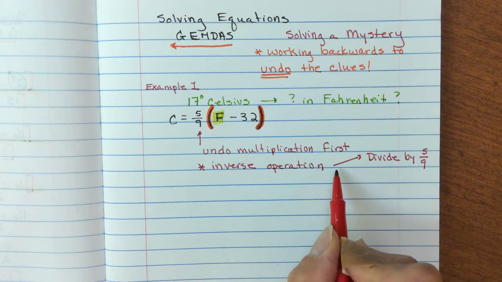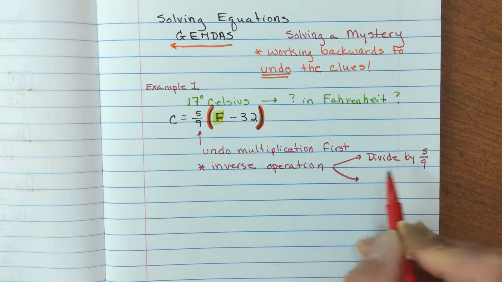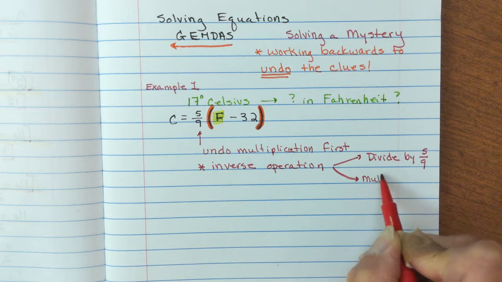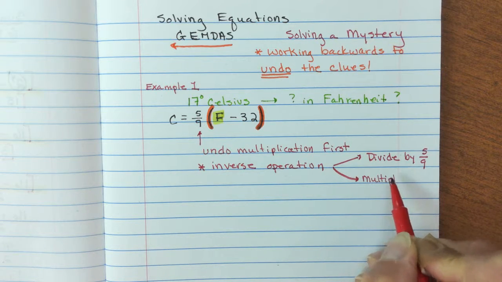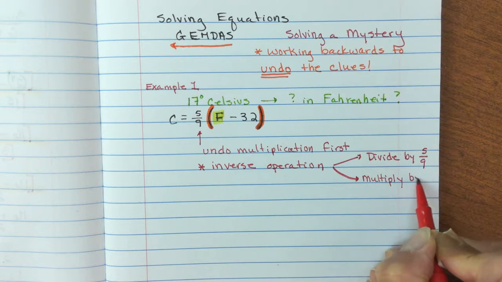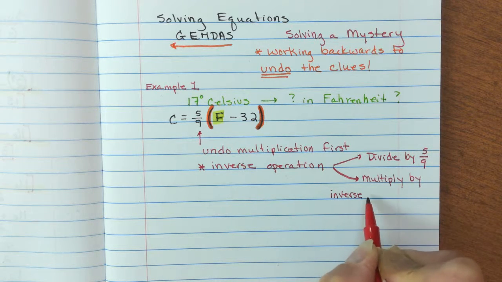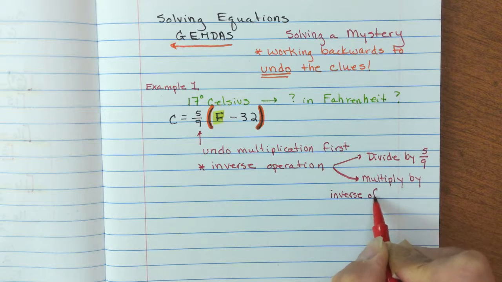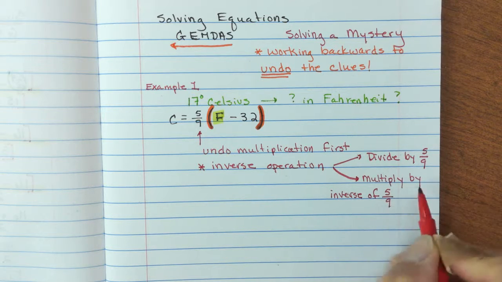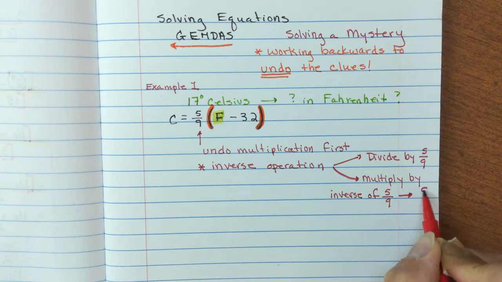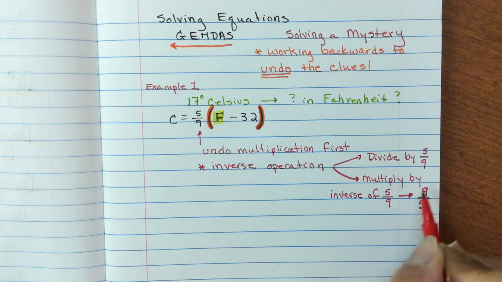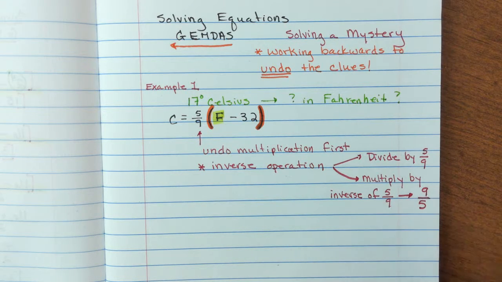There's another way that we can do it. We can multiply by the inverse, or reciprocal, of 5/9, which is 9/5. That would be cleaner, so we're going to do it that way.